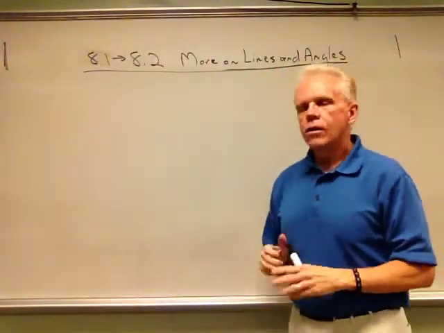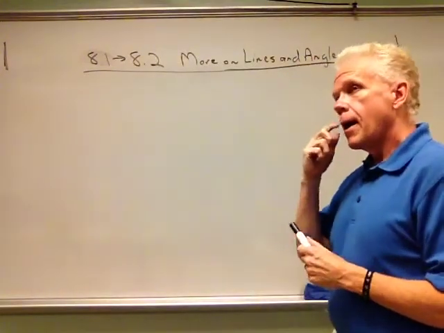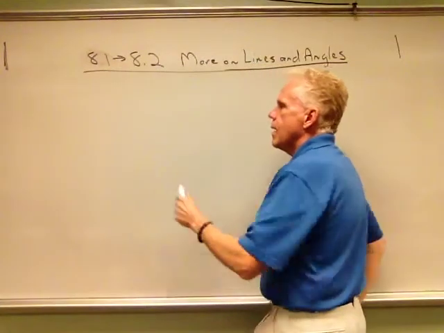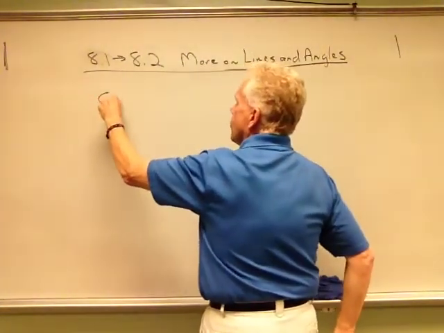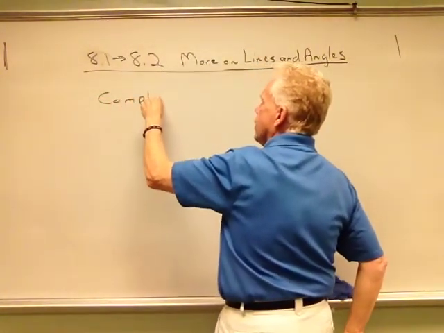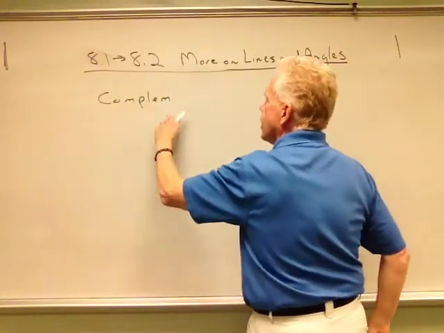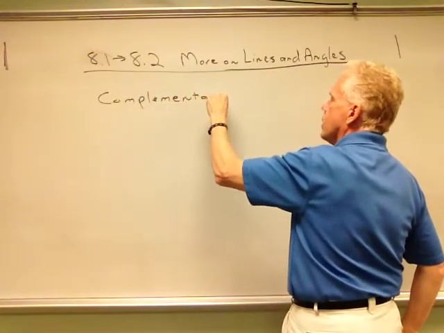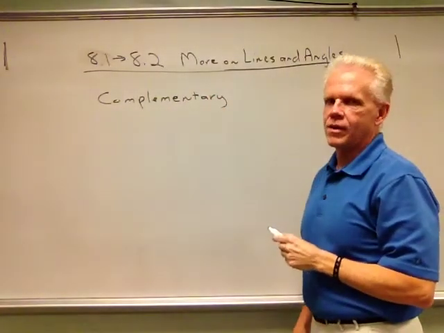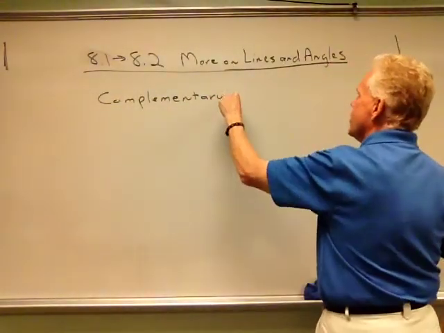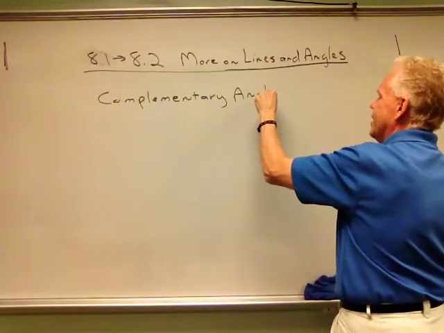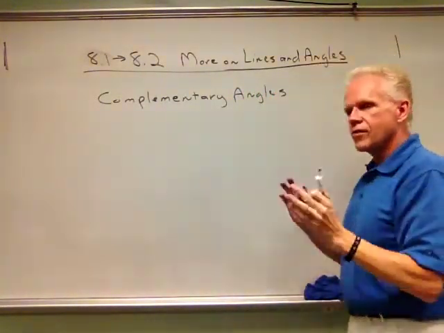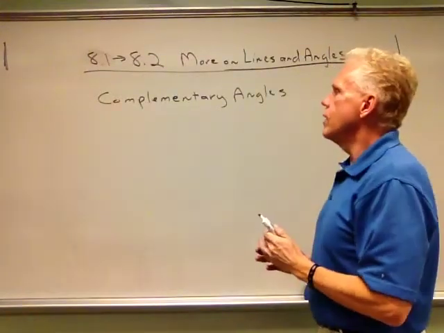All right. So the next thing I want to talk about are something called complementary angles. Let's give you a definition first. Complementary. These are angles that say good things about one another. They really complement one another all the time. Not really. Complementary angles, no, they're not nice to one another.